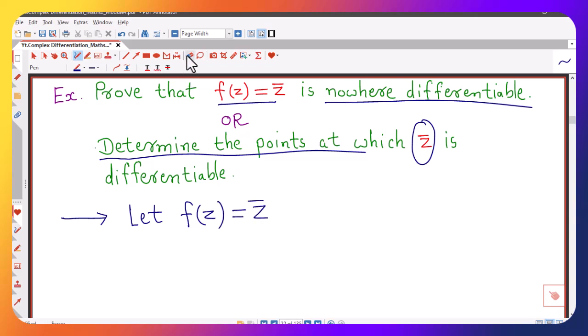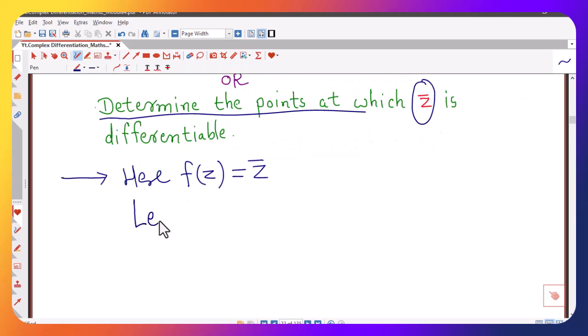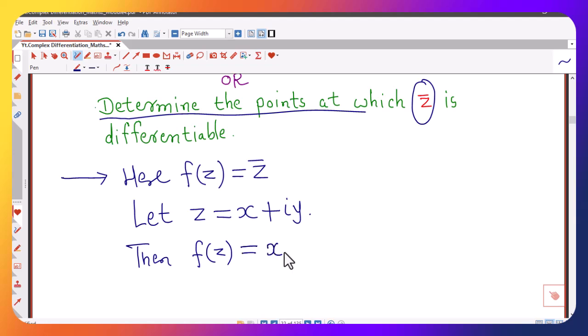Here given function is f of z equal to z bar. So first we write down given function, then we take z equal to x plus iy in f of z. Let z equal to x plus iy. Then what is f of z? F of z is z bar, that is conjugate of x plus iy, which is x minus iy, and we compare this with u plus iv.